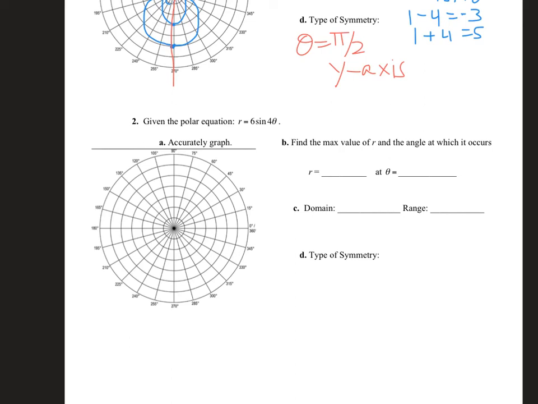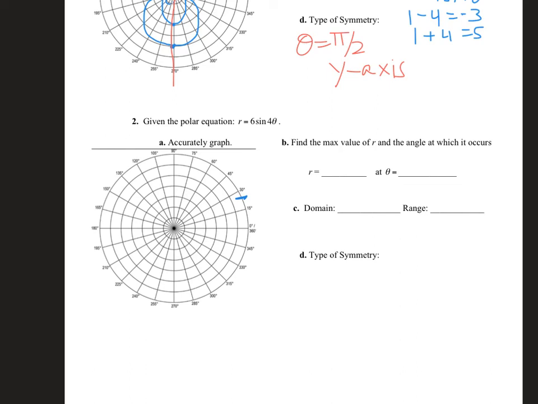So let's accurately graph. Go to y equals on your calculator, and we have r equals 6 sine of 4 theta. That's going to be a lot of petals. Then I graph, and it's 8 petals. Now, how do we find out where these go? Hit trace, and at 22.5 degrees, which is pretty gross, you get a radius of, oh, you know what?